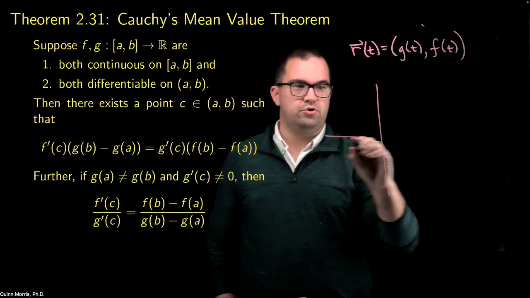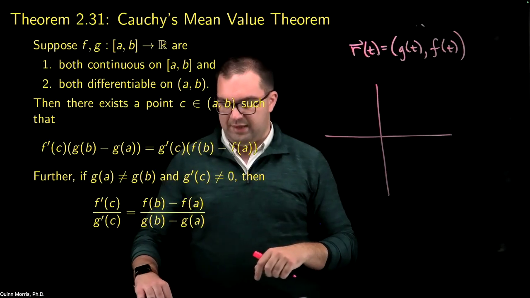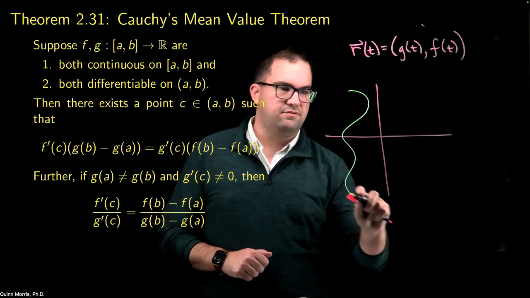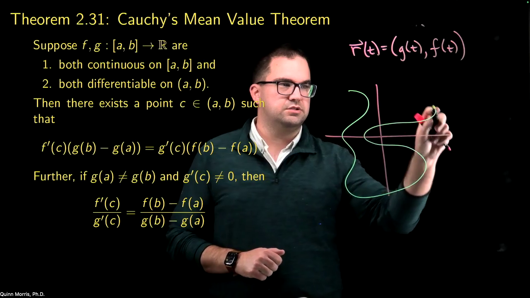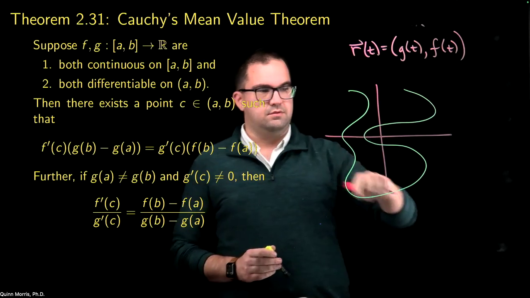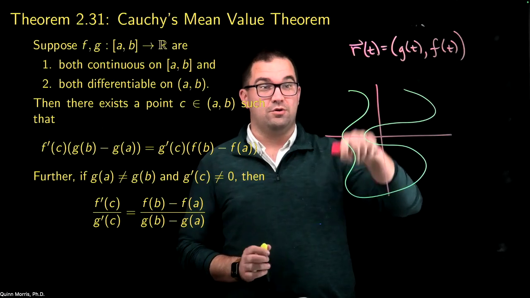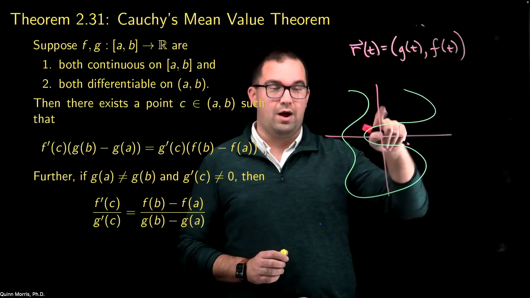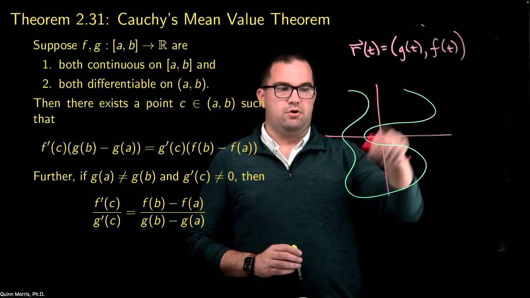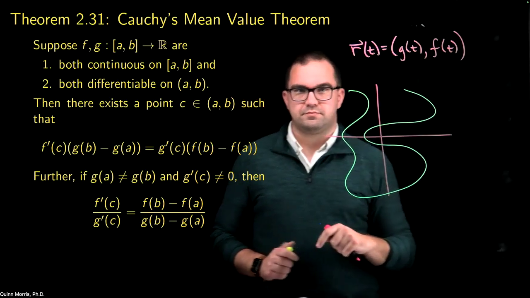If we were to plot that in the plane, we would get some curve. But even though f and g are functions, this curve need not define the y-coordinate as a function of the x-coordinate. So we can have all sorts of things going on here.